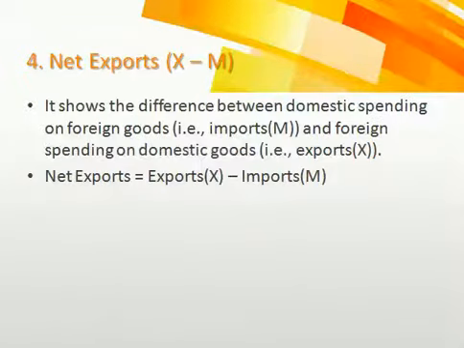And finally, net exports. It shows the difference between domestic spending on foreign goods, that is imports, and foreign spending on domestic goods, that is exports. So net exports is basically exports minus imports. I believe you know what exports and imports are.